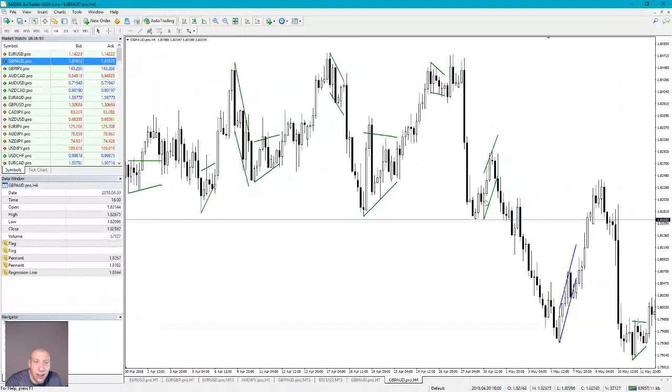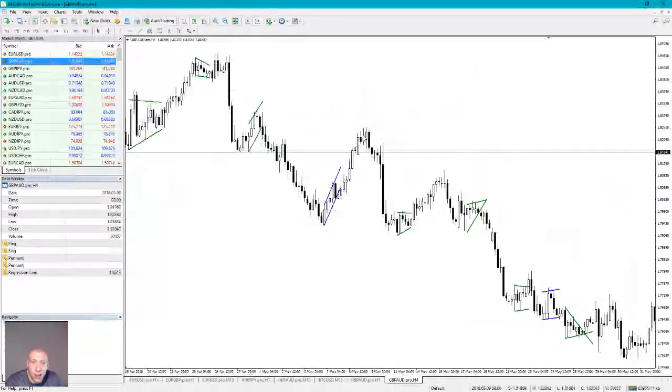Here, you see the channel, but also a form of a bearish breakout channel or a pennant that happened exactly at this spot. Here, you see a bullish channel broke out to the upside. Then you see this sort of a pennant that broke to the upside. Then a symmetrical triangle or a flag broke to the downside, and so on.